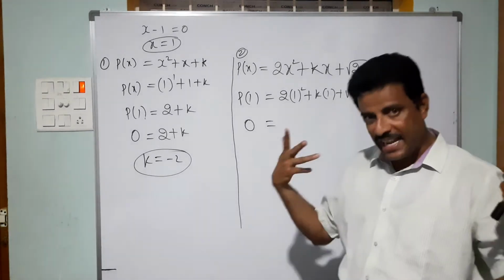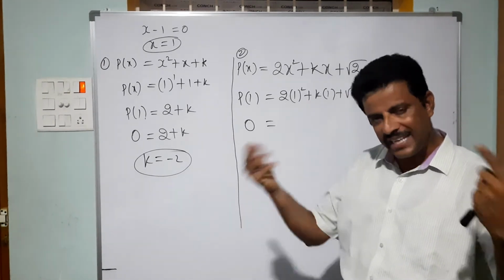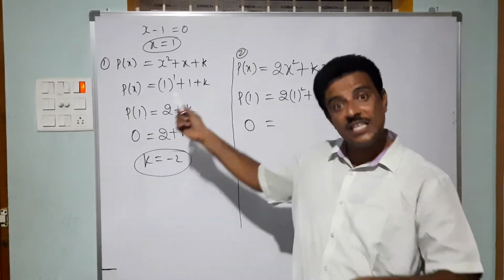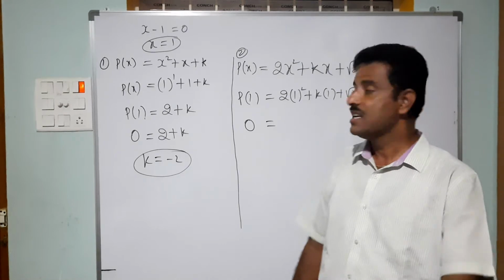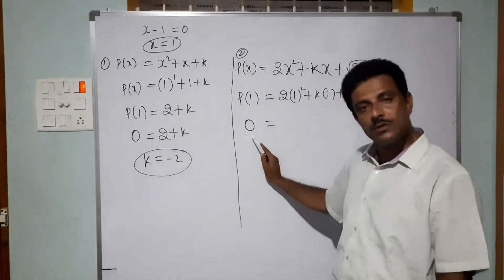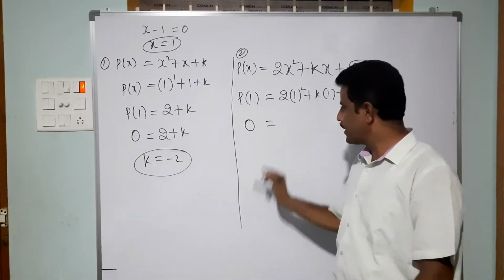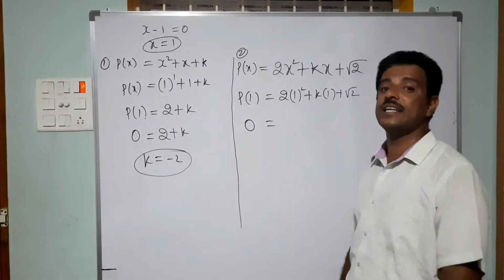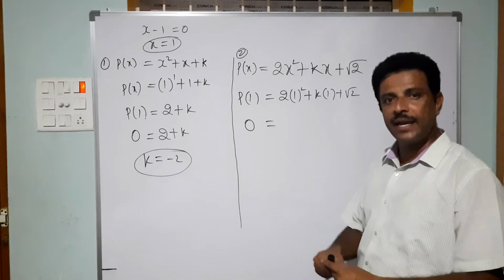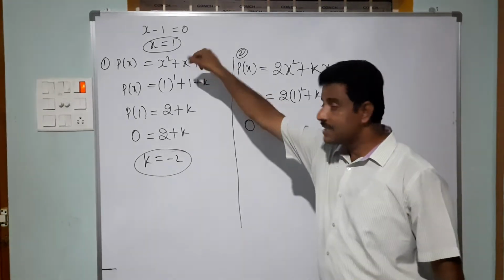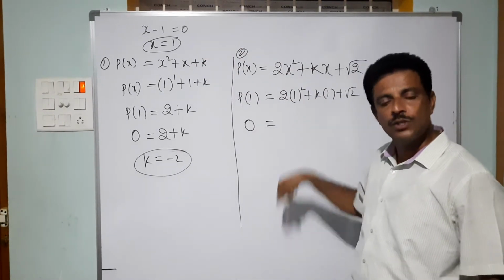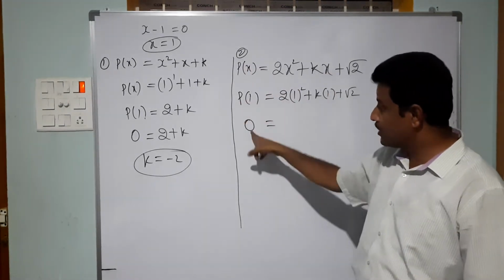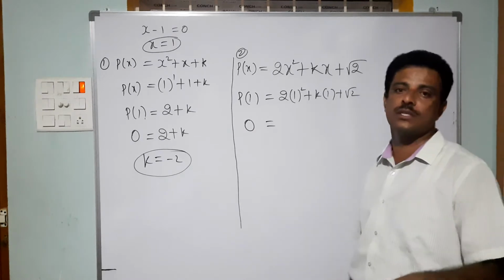Here in your textbook it is already given that x minus 1 is a factor of this polynomial. That's why the value of p of 1 is equal to 0. Because it is already given in the exercise statement that x minus 1 is a factor, therefore p of 1 is equal to 0.